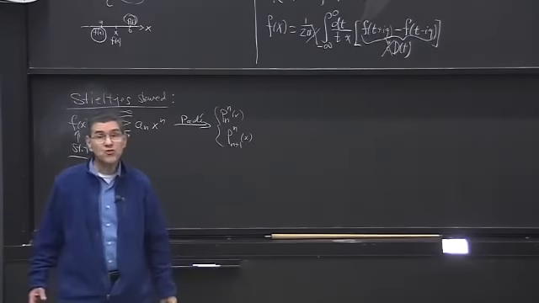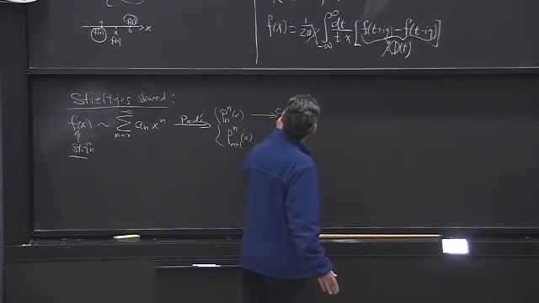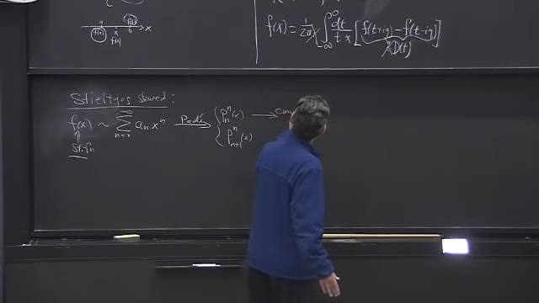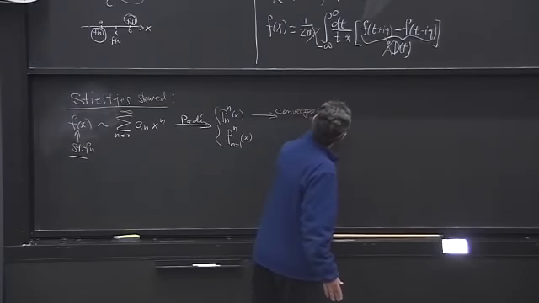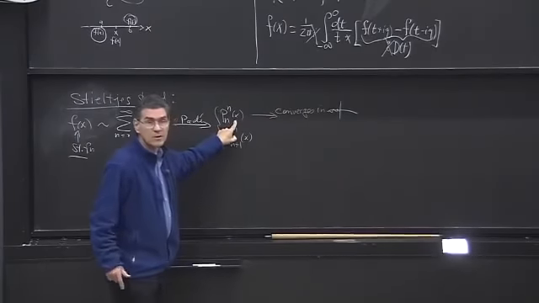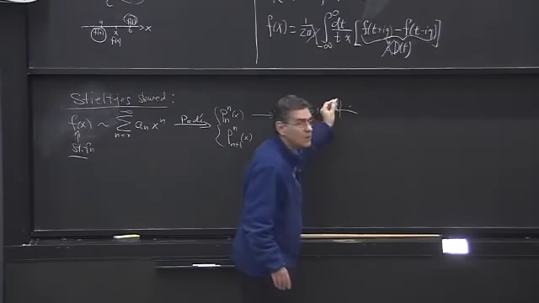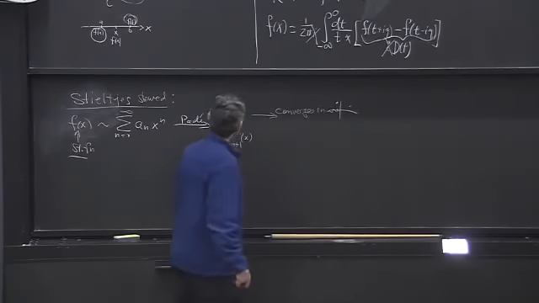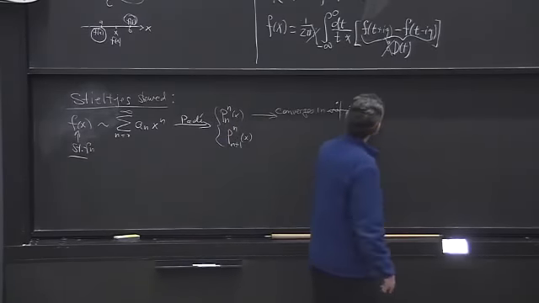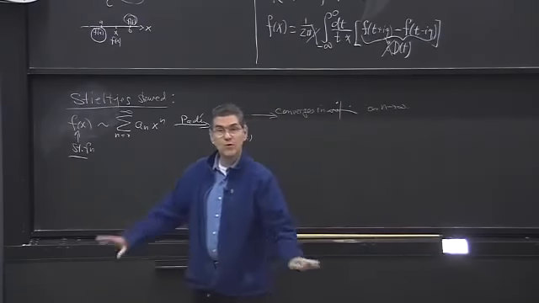Mr. Stieltjes showed that this converges in the cut plane. So for any x anywhere in the cut plane, like here or here, this sequence converges in the cut plane as n goes to infinity. It converges.